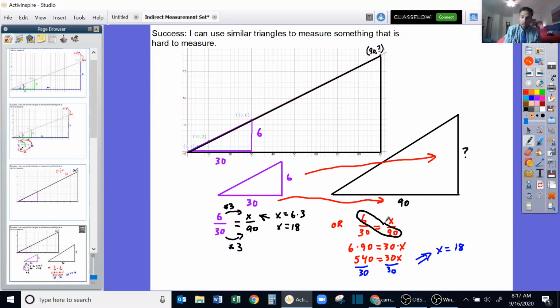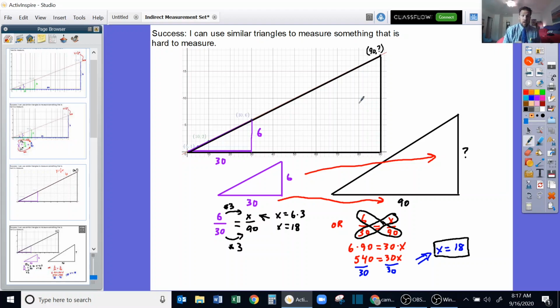I can multiply 6 times 90, and I can multiply 30 times x, and I get 6 times 90 is 540, 30x for 30 times x, and then if I solve that, well, guess what? I end up getting that same answer, x equals 18, whether I did it with this proportion, or with this proportion, or with my equation, which we did just to start out our thinking.